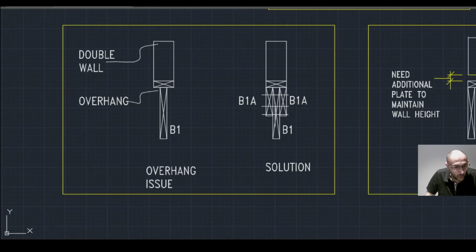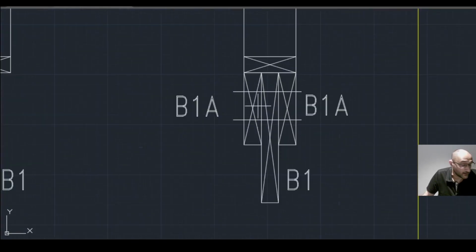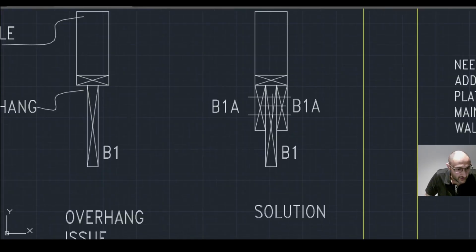So here we have B1A on either side. Again, assuming we have the same modulus of elasticity, we can work out the longitudinal shear stress on the faces where the elements are in contact. And then from there we can work out the shear flow and the number of fixings required to keep these three elements in a unified section.